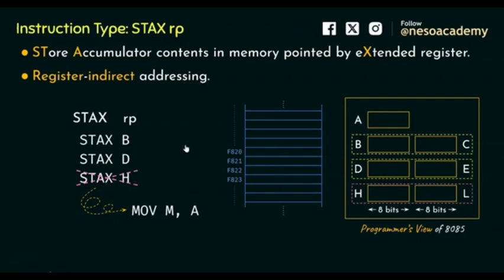So do remember, in case of STAX RP, we have two opcodes, one for STAX B, another one for STAX D. And both of them fall under the category of 1 byte long instructions. So that was all about the instruction type STAX RP. Remember, STAX stands for Store Accumulator Contents in Memory pointed by Extended Register, that is the register pair.